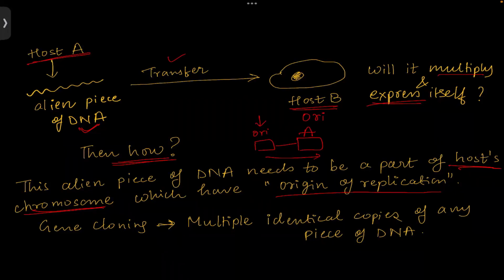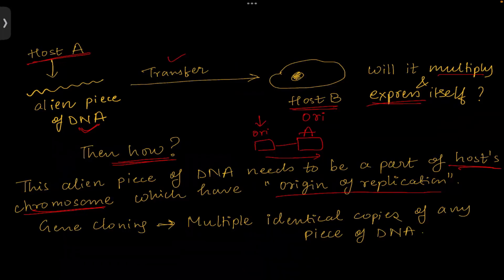So the DNA replication mechanism, RNA polymerase and other factors will replicate or copy the sequence of this alien piece of DNA, assuming that this piece of DNA is of the host only, and integrate it within the new genome of the host B.